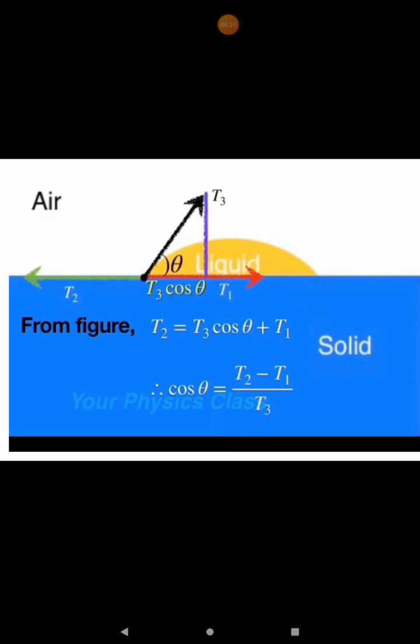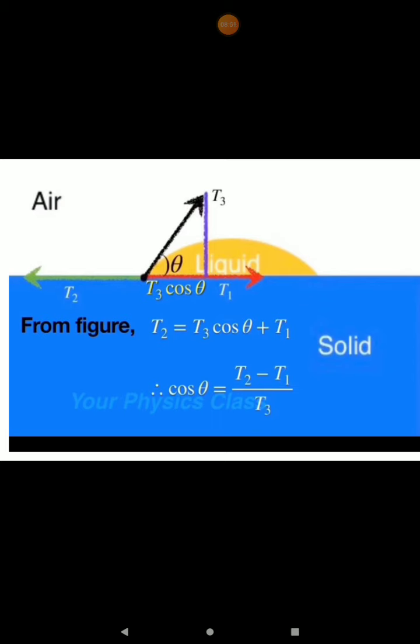Now here, if we draw a perpendicular from T3 along T1, then a right angle triangle is formed, and this red side is the adjacent side to the angle of contact theta. According to cos theta equal to adjacent side upon hypotenuse, that is T3, we can write this adjacent side is equal to T3 cos theta. Now this T3 cos theta and T1 are towards the right and T2 is towards the left.